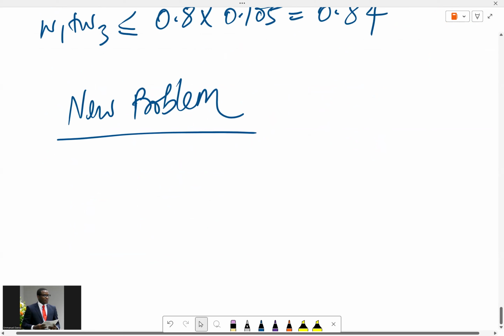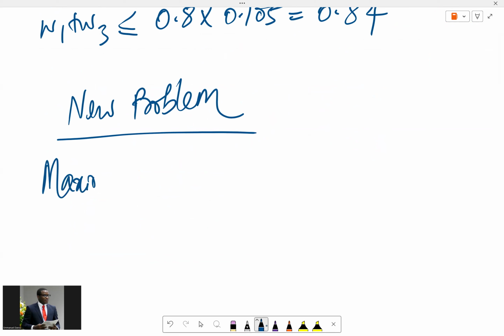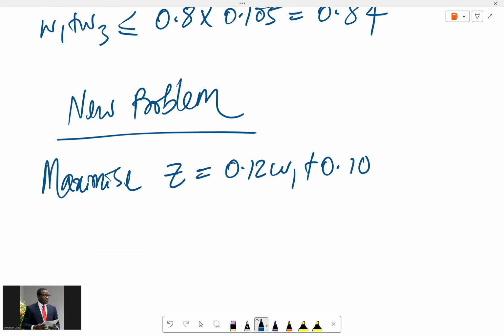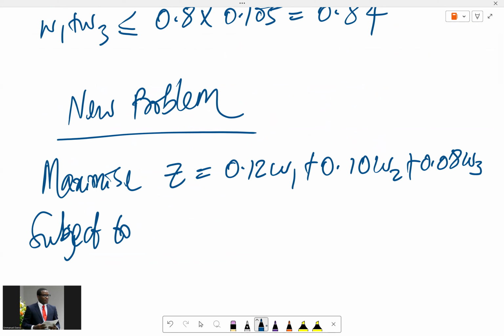You're expanding the feasibility region, and that means that you now have a new problem, which is maximize Z equals 0.12 W1 plus 0.10 W2 plus 0.08 W3, subject to W1 plus W2 is less than or equal to 0.84.